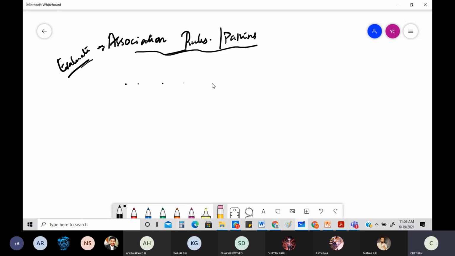So what you're supposed to write is all those things that are related to it. When I say evaluation, you need to start right from the first, talking about what is association, association rules, association meaning. Then you talk about something called support, something called confidence.